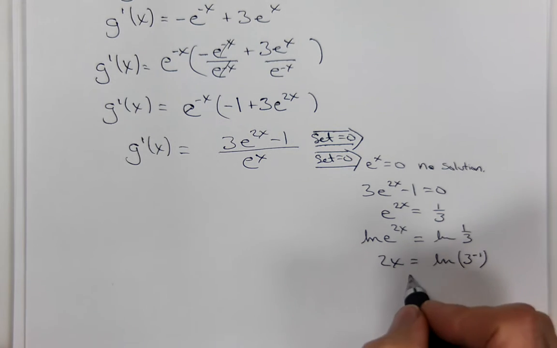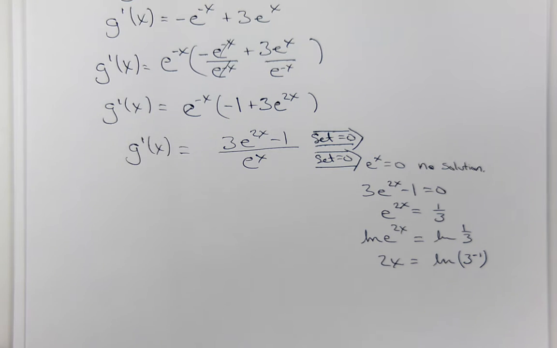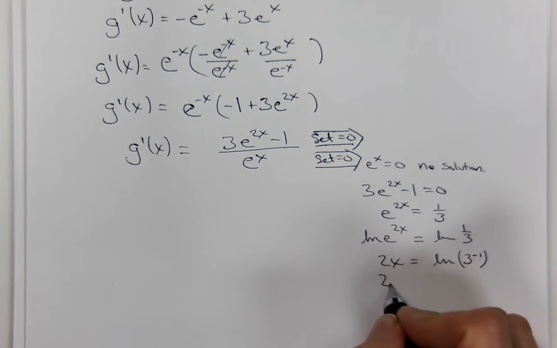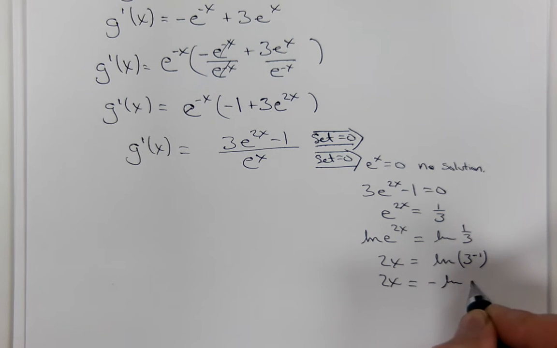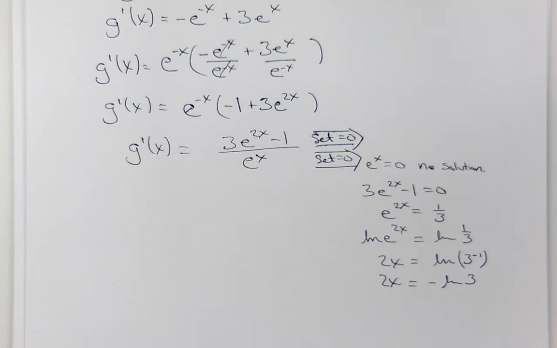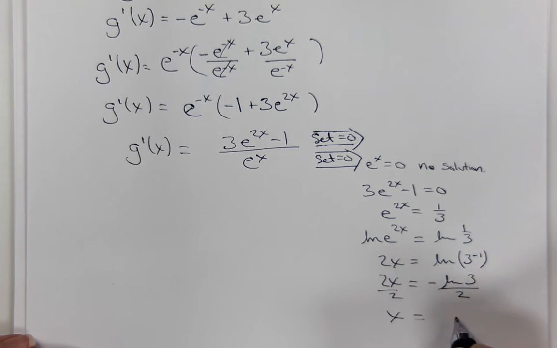And then we move the negative in front, because exponents can come forward as factors when you have logarithms. We know that from doing logarithmic differentiation. So 2x equals negative natural log of 3, which is just some number you'd get from plugging it into your calculator. Then we divide both sides by 2. So this weird number, whatever it is, is our critical number.